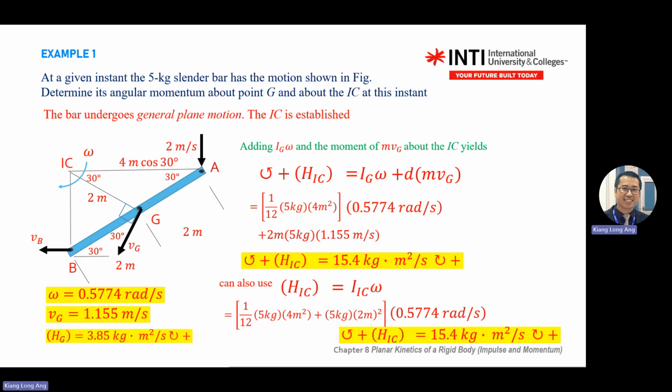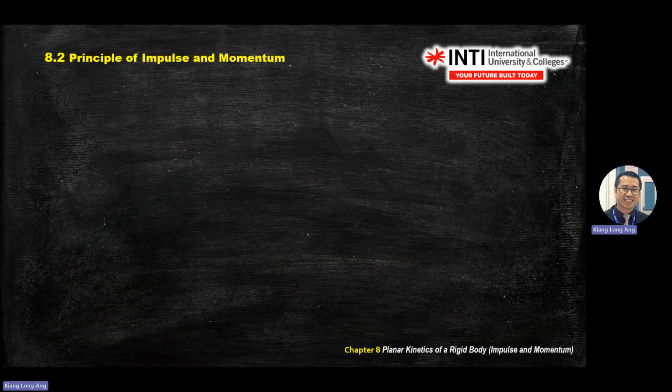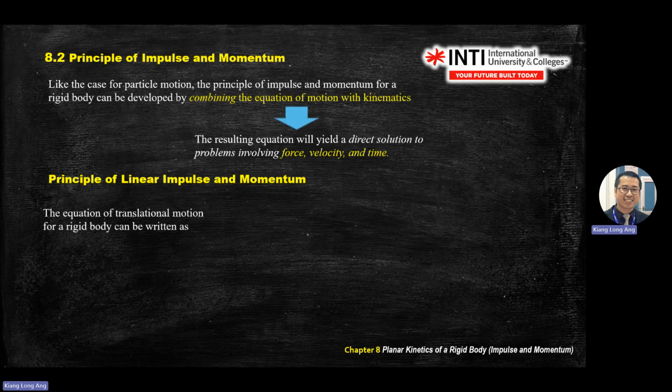There will be one question come out from here in chapter 8 for your test 2. So for test 2, you need to use principle of impulse and momentum to find the solution.